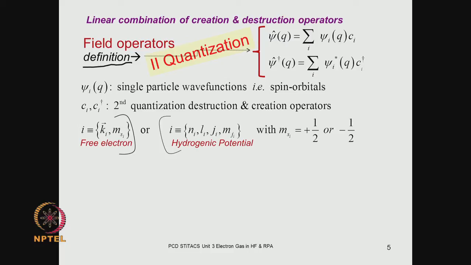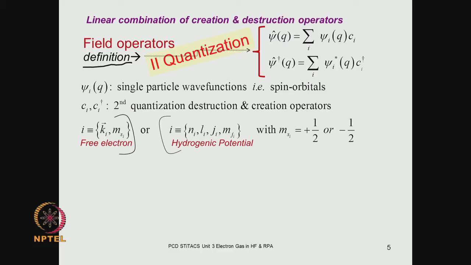They come from the complete set of quantum numbers which are appropriate for describing the single electron states. If it is a free electron, these are the momentum eigenstates. So, you have got the 3 momentum eigenvalues in units of h cross equal to 1.